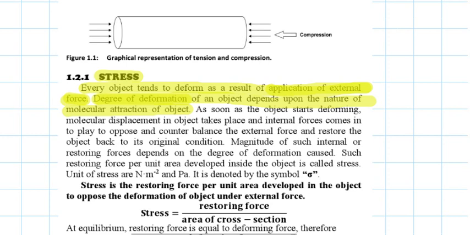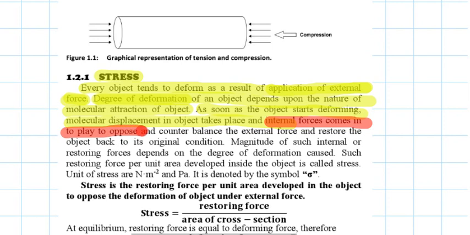Now, what will happen? As soon as the object starts deforming, molecular displacements in the object take place, and as a result of it, an internal force comes into the picture to oppose and counterbalance the external force.